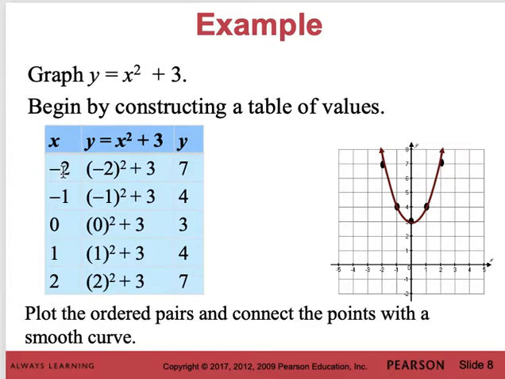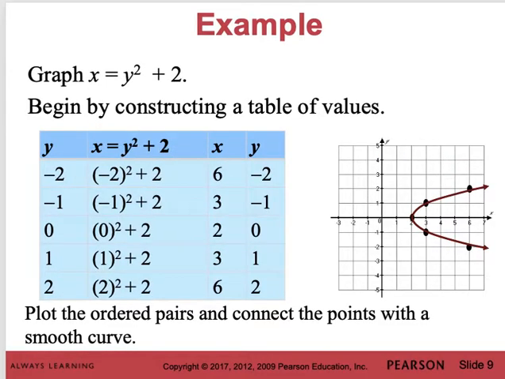Again, replace x with some simple values. We often choose whole numbers and choose from -2 to +2 as a way to replace our values with x to solve for y. And if I plot these points on a graph, we get another parabola that is going up. And you'll notice again our y is squared, so we're going to end up with a parabola again.